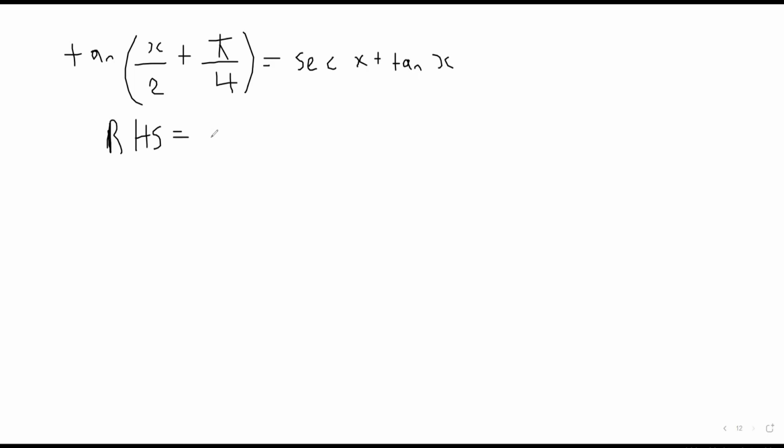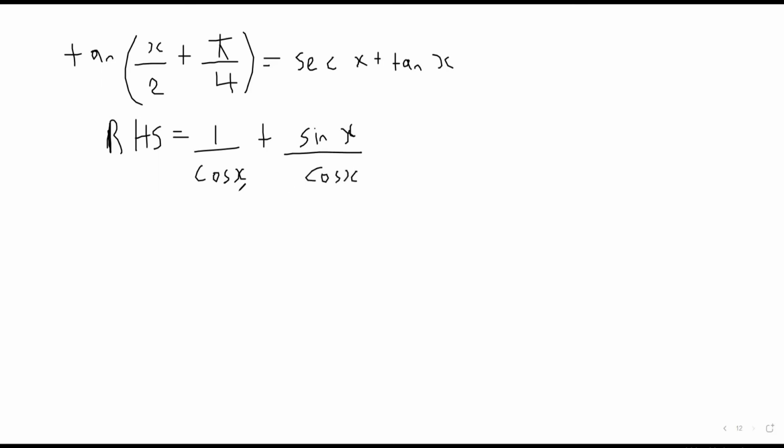Sec x is 1 over cos x, plus tan x is sine x over cos x. I'm just trying to make this make sense.